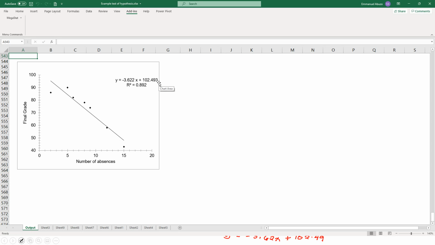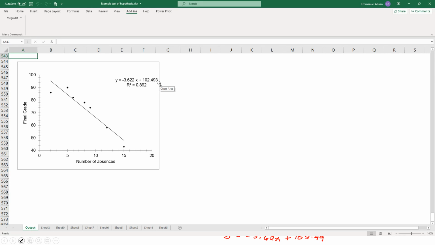The other 10.8% is affected by other factors. So I repeat, for us to interpret what r squared is, this would be 89.2% of the total data is explained by our model, meaning it is explained through the relationship of our number of absences.